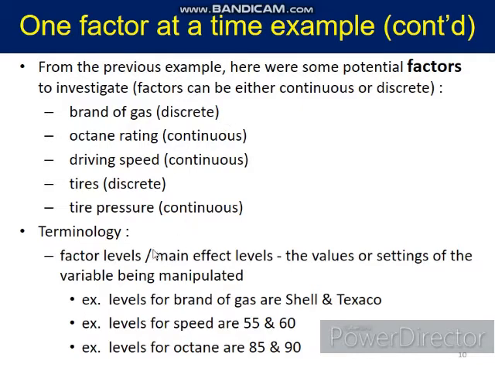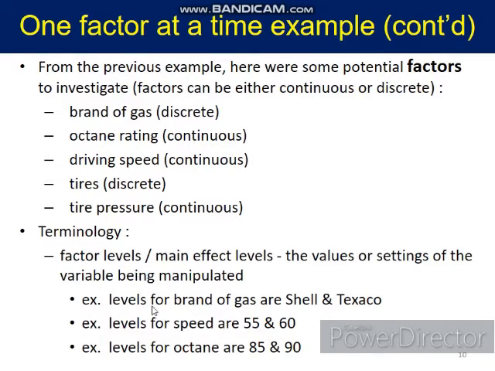Some terminology, just to reflect on what we talked about just now in terms of factor and levels. Factor levels, or main effect levels, are the value or setting of the variable being manipulated or being changed, right?